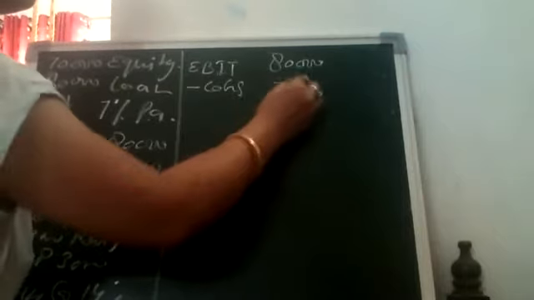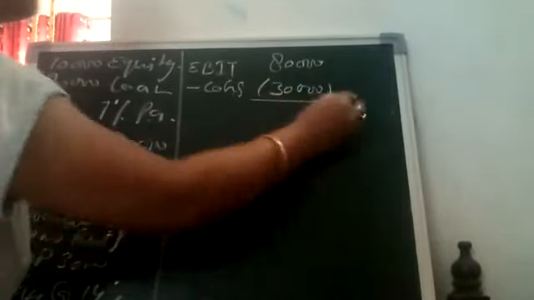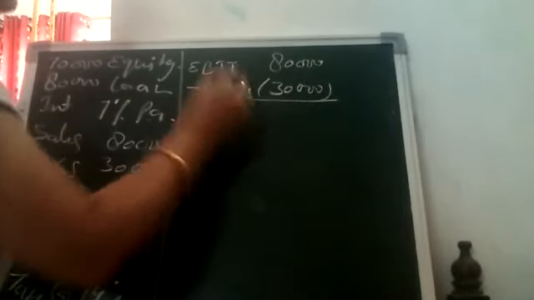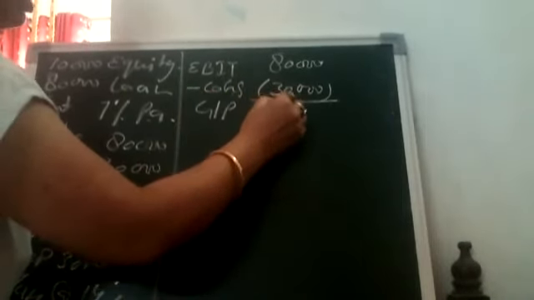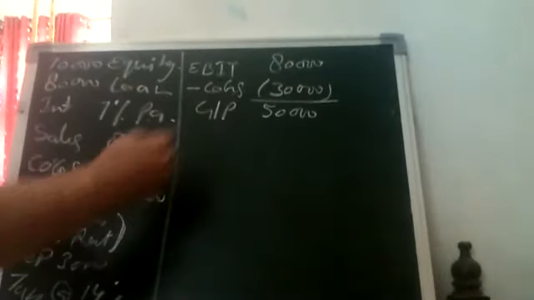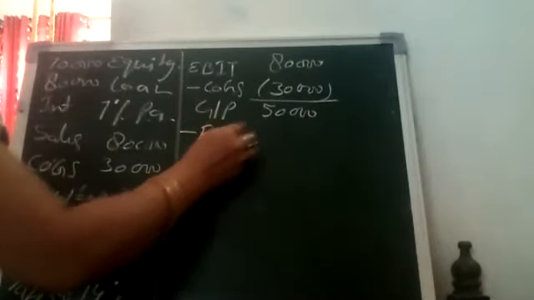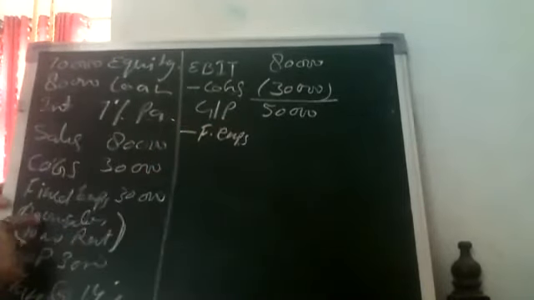COGS is given 30,000, minus. So the gross profit is 50,000. After gross profit, we will minus fixed expenses. Total fixed expenses are, see, fixed expenses.